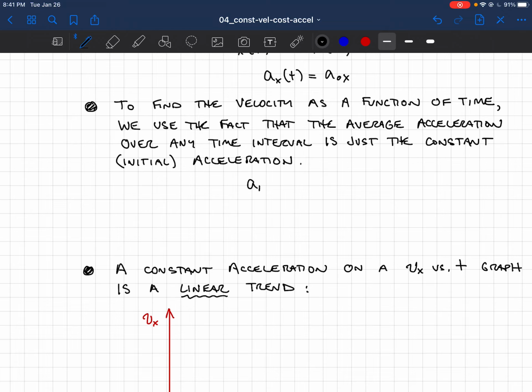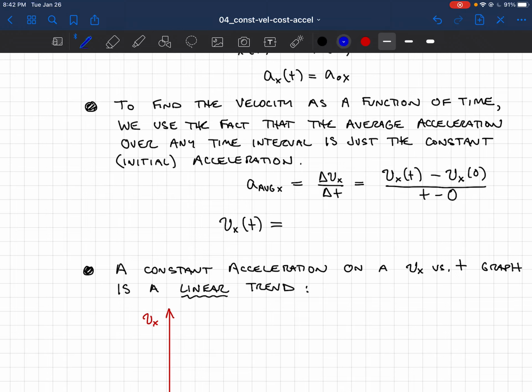To find the velocity, we'll use a similar method as finding position from velocity in the previous one, and that is that the average acceleration is equal to delta vx over delta t, which over our time interval is vx at the time final, t, minus vx at the time initial, 0, divided by t minus 0. So what is that? Well, I can multiply both sides by t, and I get vx at time t is equal to, and let's give this its name, this is v0 sub x.